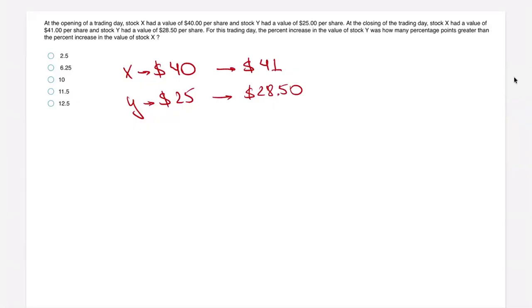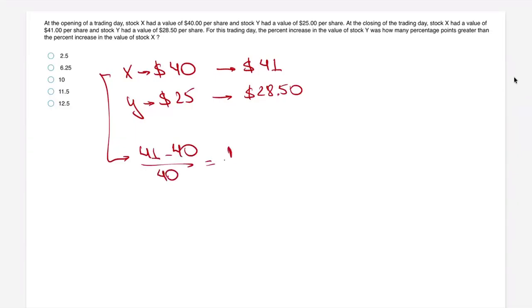The percent increase in the value of stock Y was how many percentage points greater than the percent increase in the value of stock X? So we know percent change is final minus initial over initial. Okay. So here is 41 minus 40 over 40 times 100.